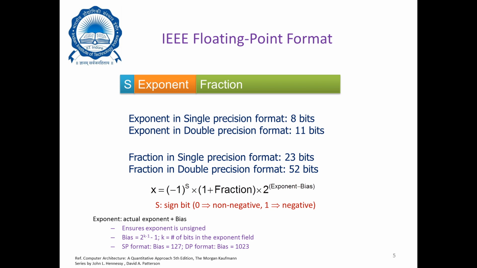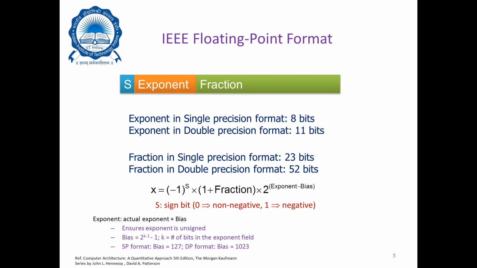The range of a signed 8-bit exponent can be from -127 to +127, which is equivalent to 0000 0000 in binary to 1111 1111. If we want to represent -127 in bias notation, we add a bias of +127 to make it 0.